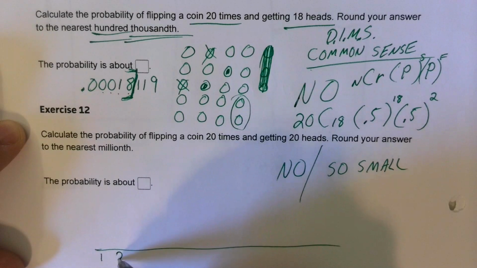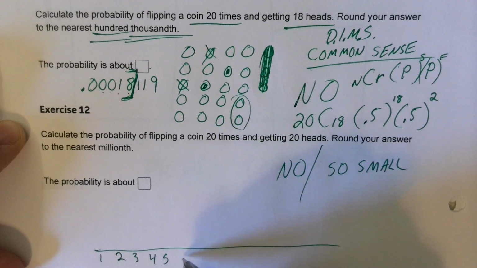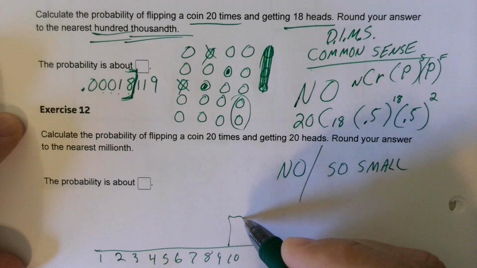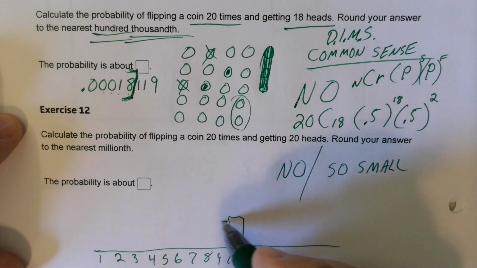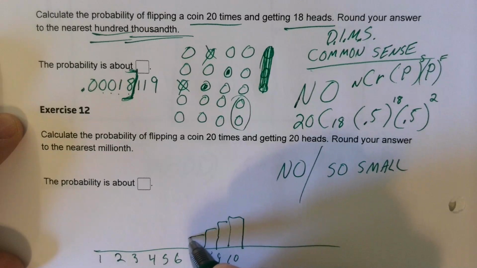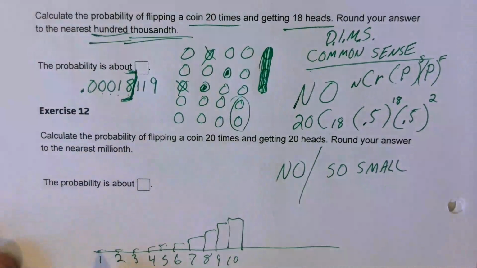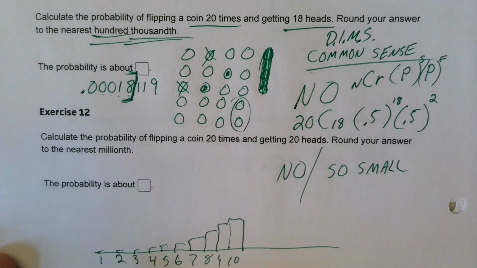So 1 head, 2 heads, 3, 4, 5, 6, 7, 8, 9, 10 heads. That's the one that's going to have the highest probability, and all the rest of these are going to step down, lower, and the ones down here are going to be so tiny I could barely even recognize them.